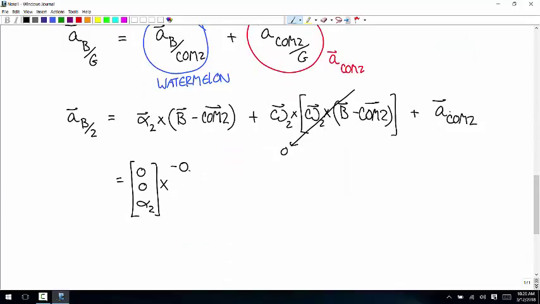And we're doing that because there's no fixed point on that. So this is negative 0.25, positive 0.4330. And then we're adding on the acceleration of the center of mass of 2.